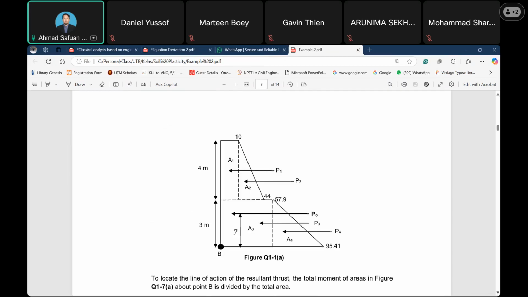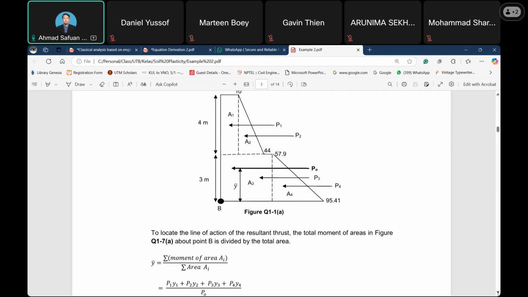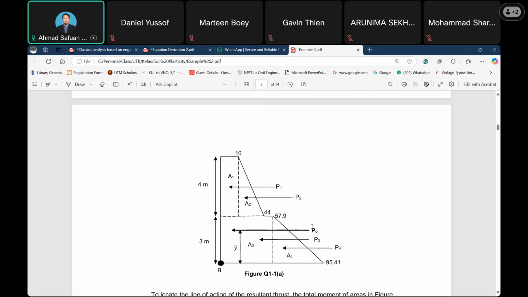The last part is to determine the line of action. P naught is the line of action for all the loads acting on the wall. So then we start to calculate P1, P2, P3, and P4. How to get the P naught?